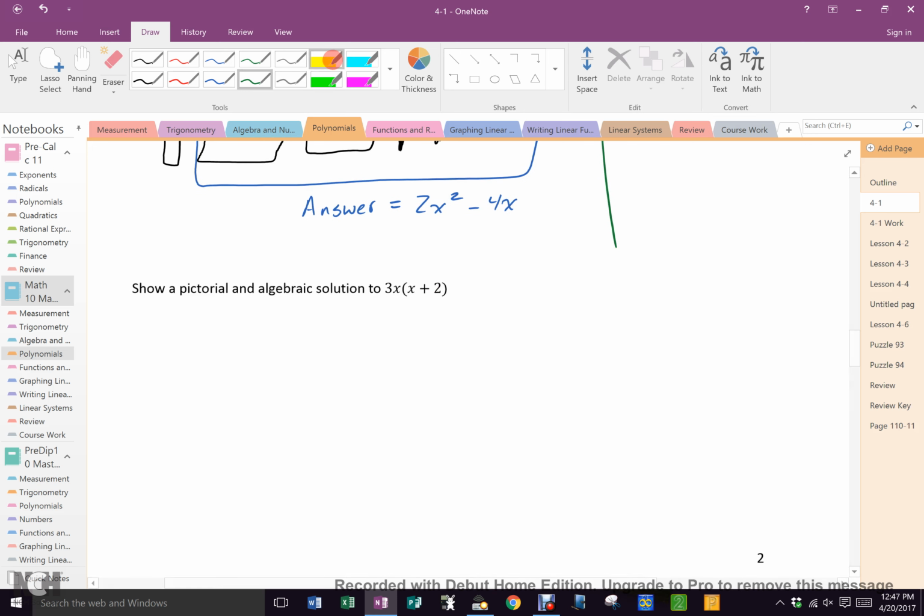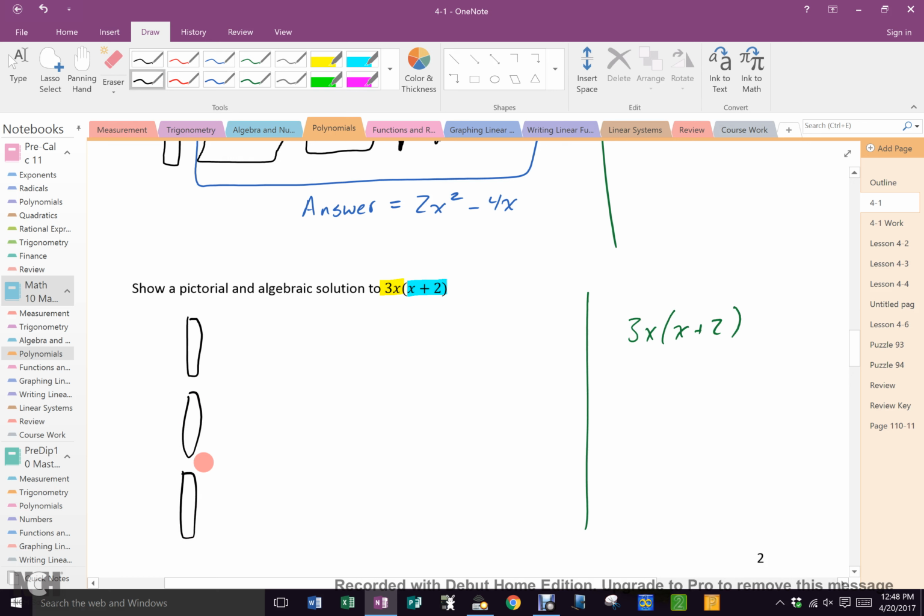Do the next one. What are each sides going to look like? That's a side. That's a side. The answer lives in the middle. And then over here, we're going to do it with algebra. So what does one side look like? 3 bars. Colored or uncolored?